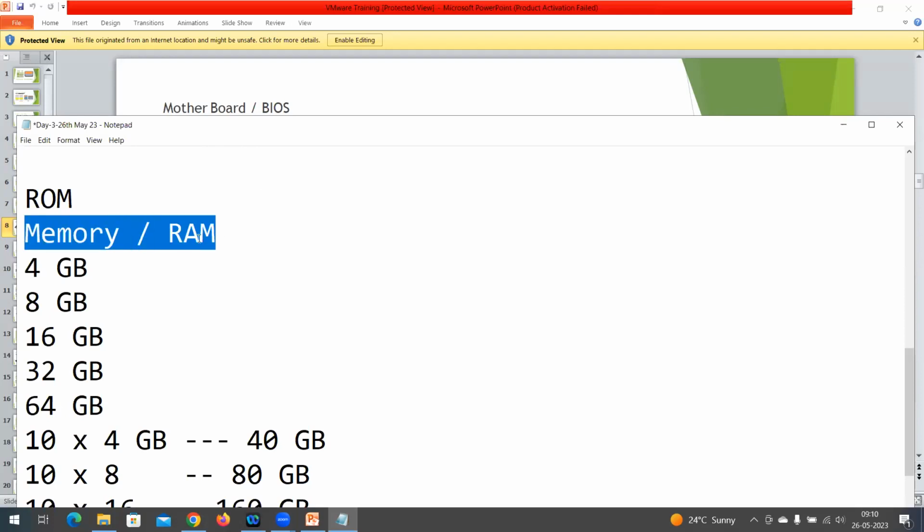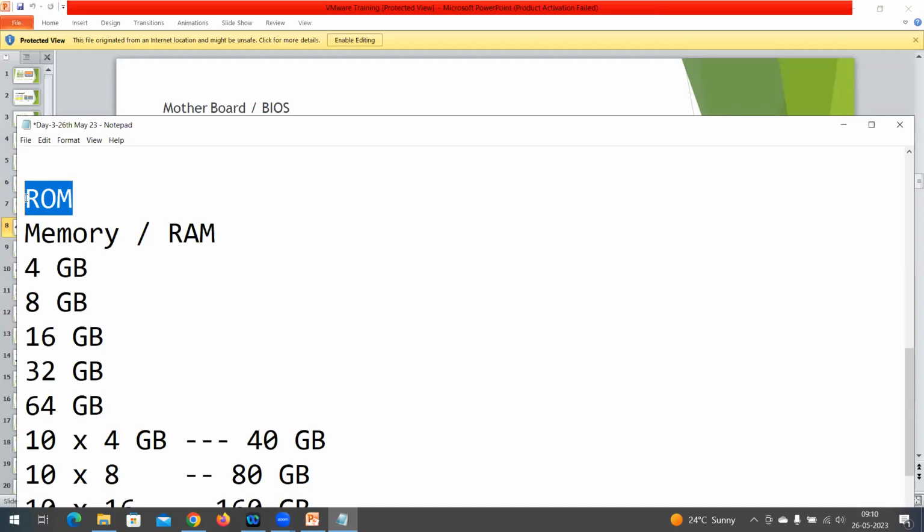The memory we are going to talk about is the RAM modules. RAM is random access memory, that is nothing but the memory, and that is what you call the memory module. ROM is read only memory, a program. You can go through that. Don't get confused.